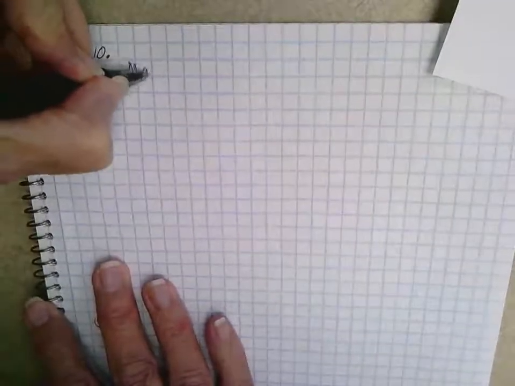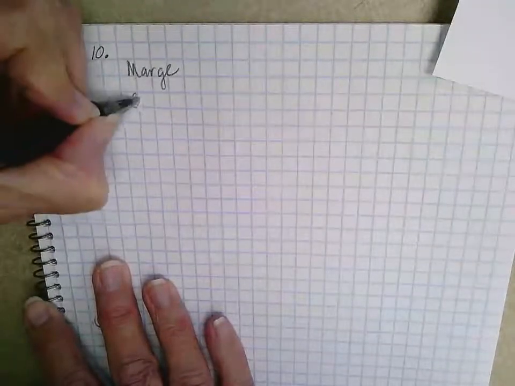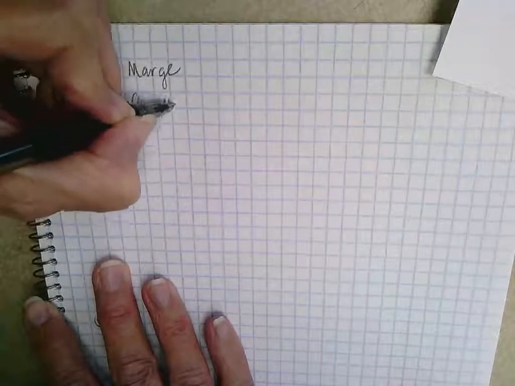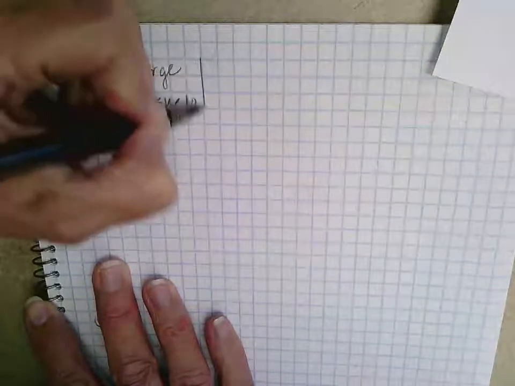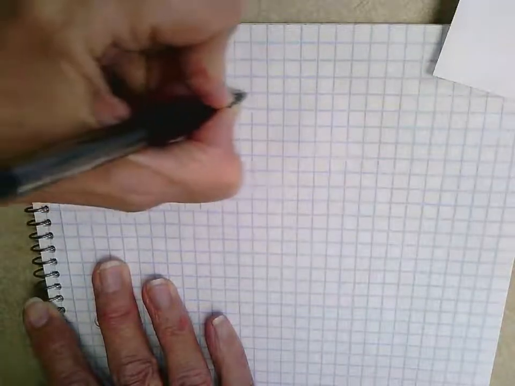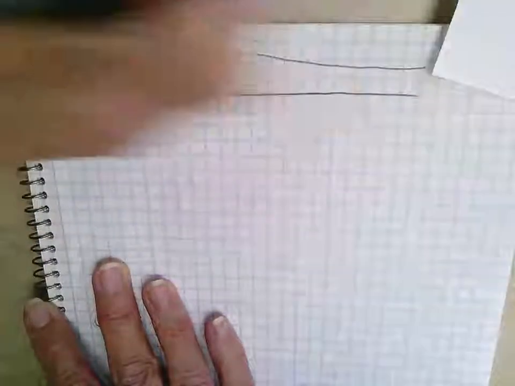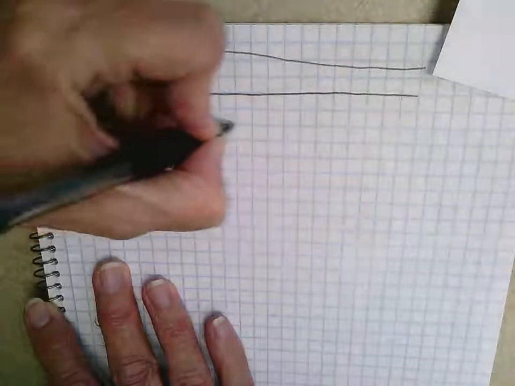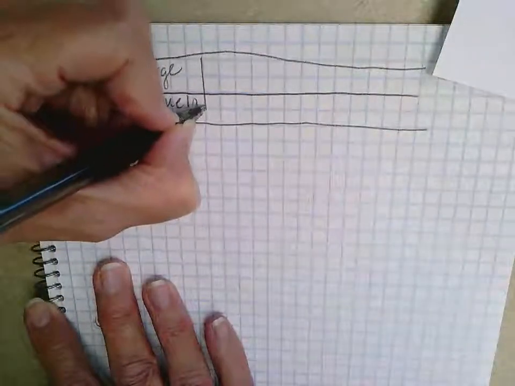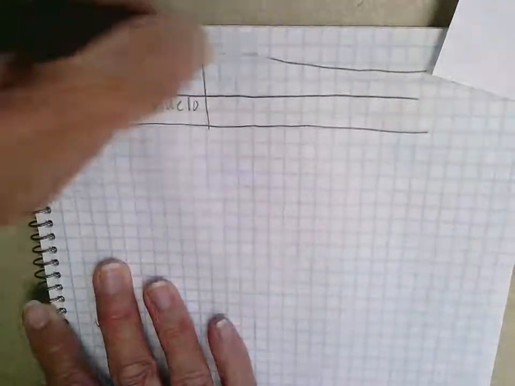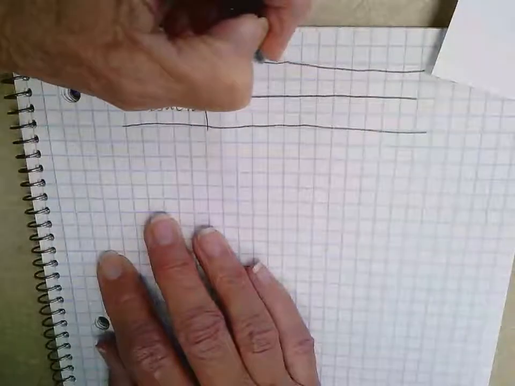So we have Marge and Consuelo. Not a very good line. That's why we use erasers in math and pencils.